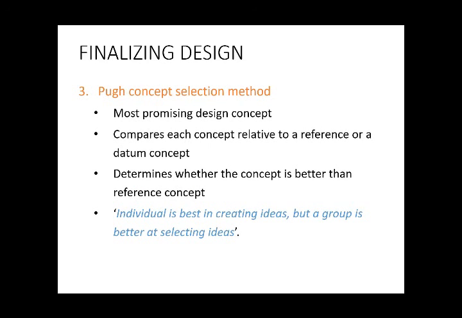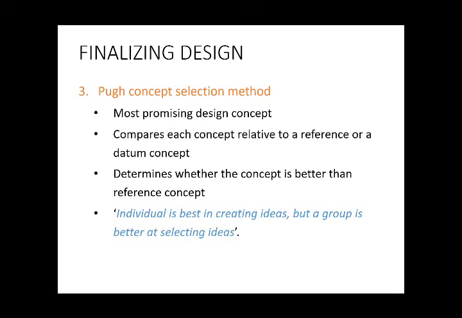Then the third design finalizing method is the PUG concept selection method. In the PUG concept selection method, we do a relative comparison with a reference concept. So there will be one standard concept or a design solution.